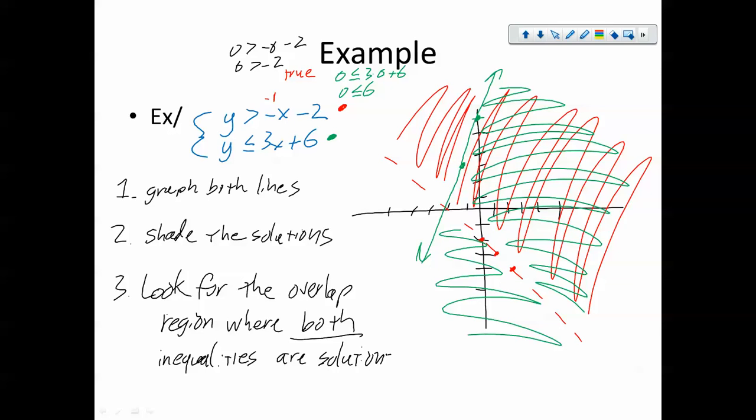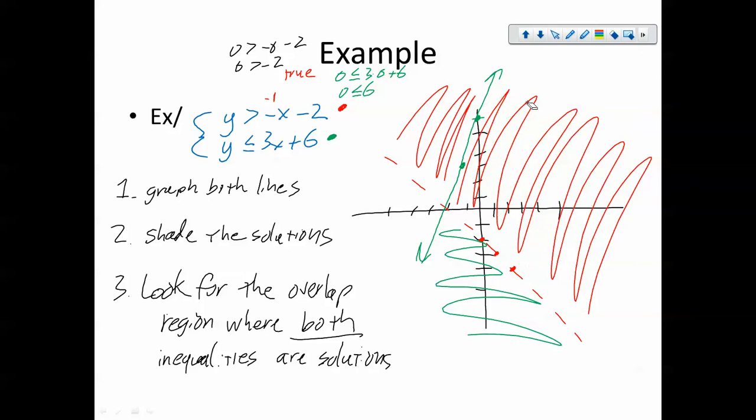And so it is important to recognize that the only place that will be true for both inequalities is the shaded region. So here, this region in this section right here, that's the area that has both red and green. It's the double shaded region.